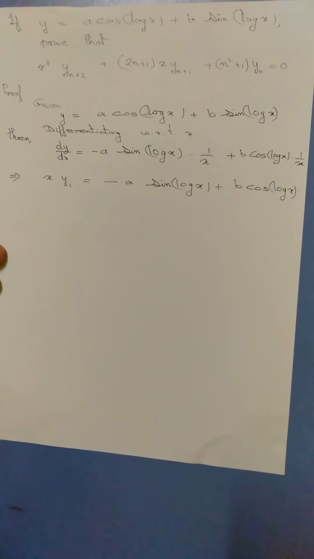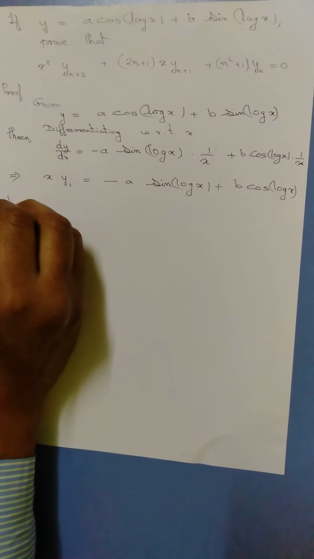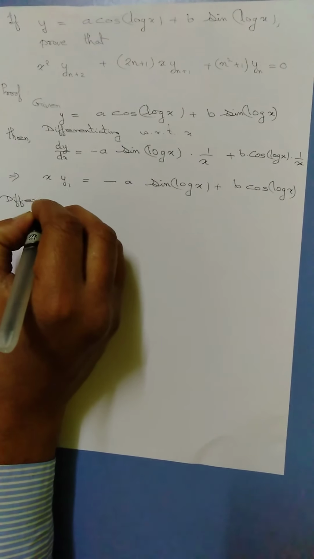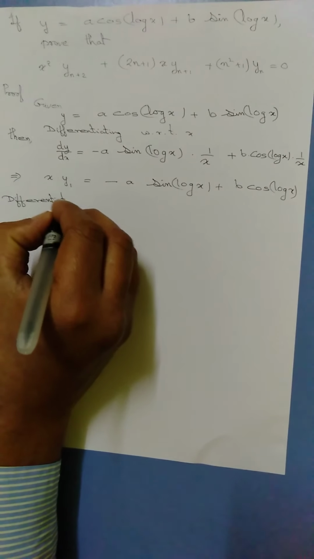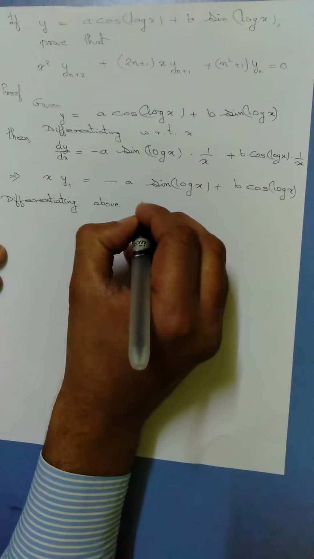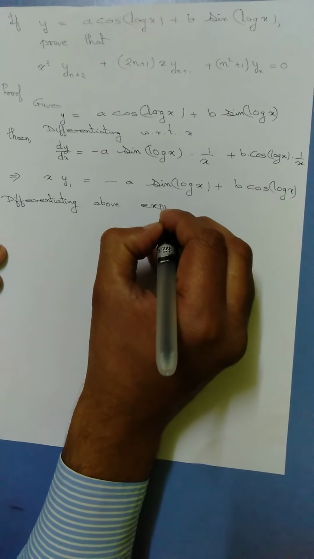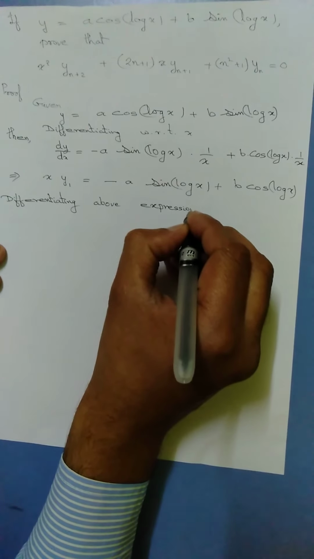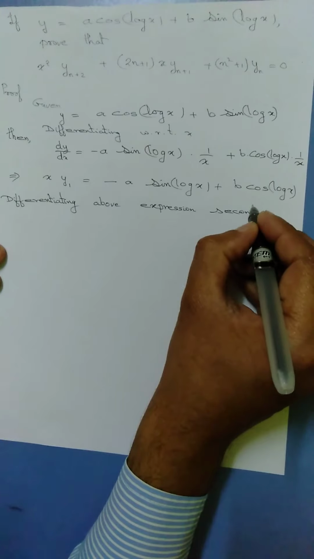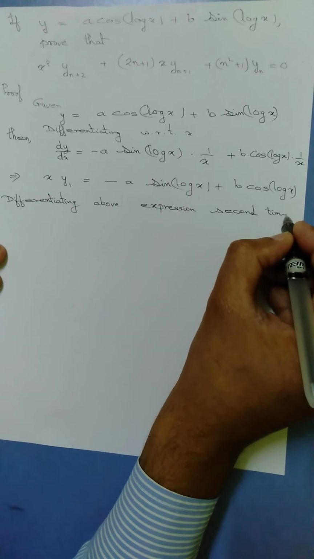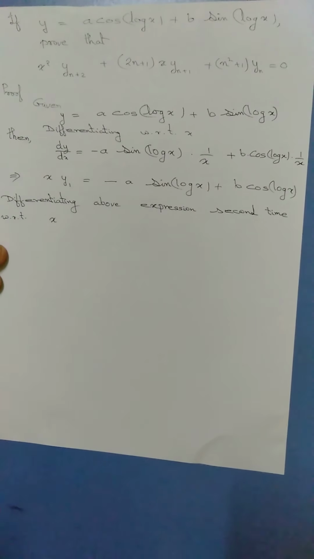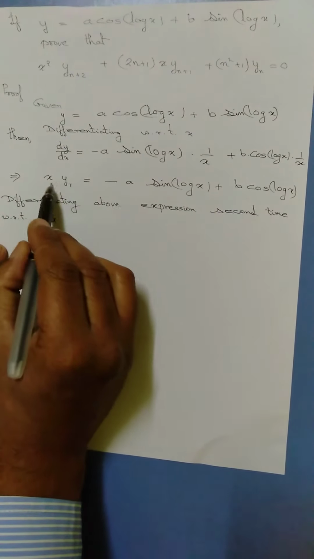So what do we do then? We differentiate it again. Differentiating the above expression a second time with respect to x, so you have x into y1.